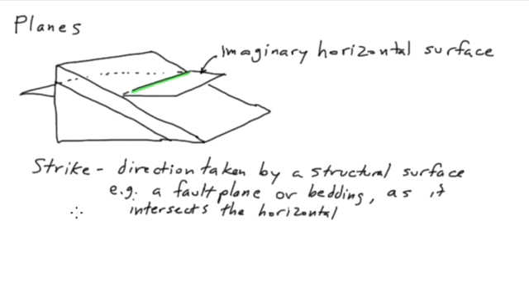And the other thing that we need to know, so the strike would determine this direction, but we also have this angle, the angle that it's tilted at, which we call the dip.